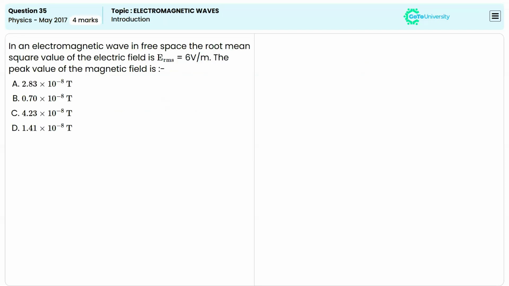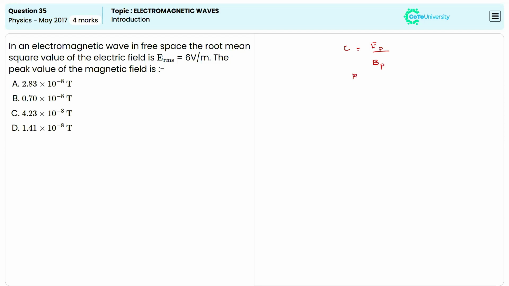What will be the answer for this question and what are we calculating here? Here we are calculating the peak value of the magnetic field. The peak value of a magnetic field can be calculated using a similar formula as the oscillating amplitude, right? C is equal to EP divided by BP.